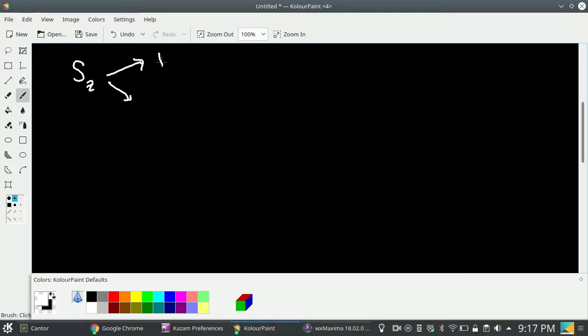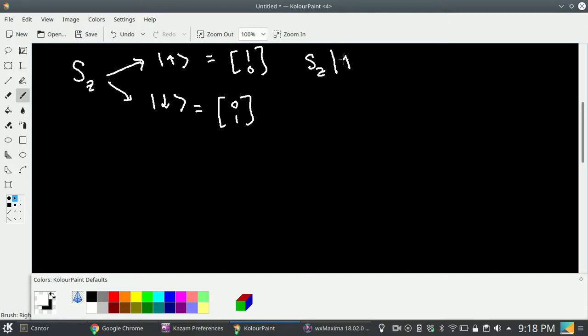One of them is for the spin up, and one of them is for the spin down, and that's all it has. Now the spin up eigenvector is this, and the spin down eigenvector is this. All right? And then when you operate this operator on the spin up eigenvector, you get an eigenvalue. And the eigenvalue is SZ on the spin up eigenvector.